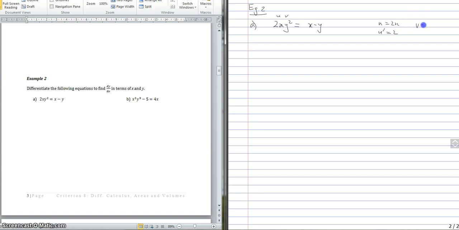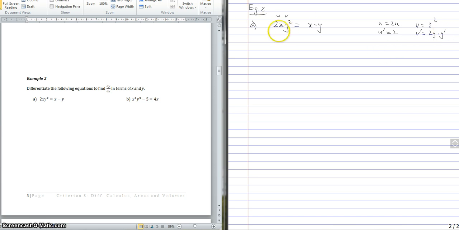We've got v equals y squared, and so v dash equals 2y. We might make it y dash, just to simplify things a bit, and make it quicker to write. So y dash instead of dy dx.